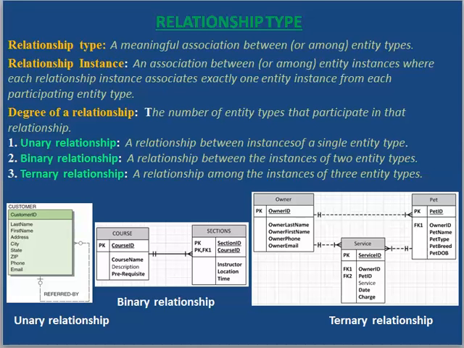The second one is binary relationship: a relationship between the instances of two entity types. The last one is ternary relationship: a relationship among the instances of three entity types.